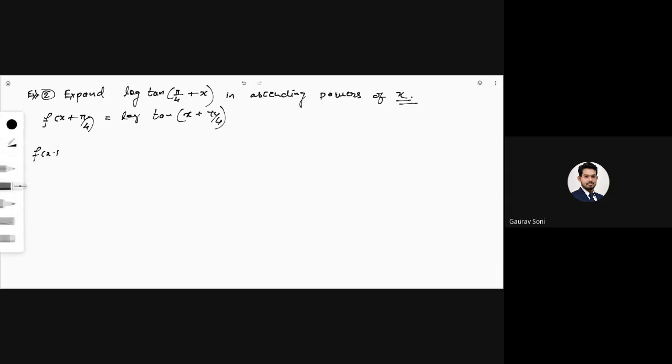So f of x plus pi by 4, by Taylor's theorem, is equal to, anyone? f of pi by 4 plus x into f dash pi by 4, plus x square by 2 factorial into f double dash pi by 4, plus x cube upon 3 factorial f triple dash pi by 4.